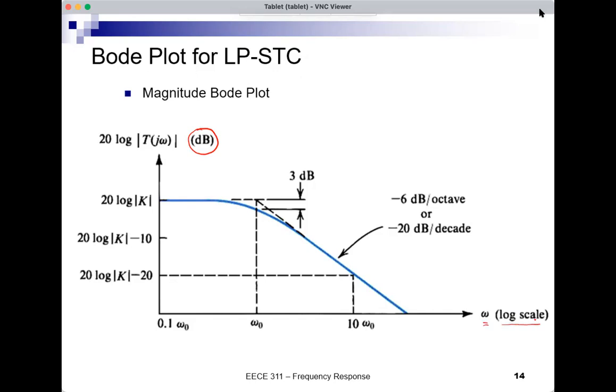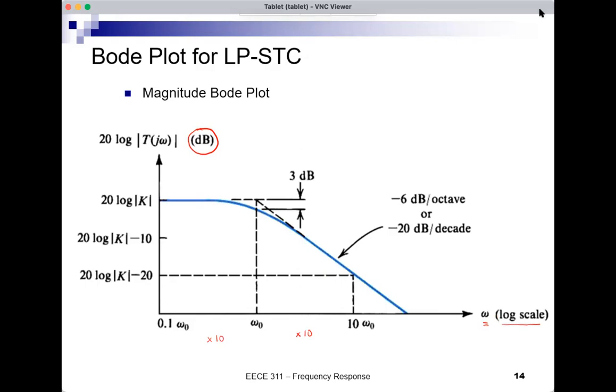Log scale means that I don't go 0.1, 1, 2, 3. I go 1 omega 0, 10 omega 0, 100 omega 0, and so on. So the step on the x-axis is a times 10. This is what we call the decade, a times 10.